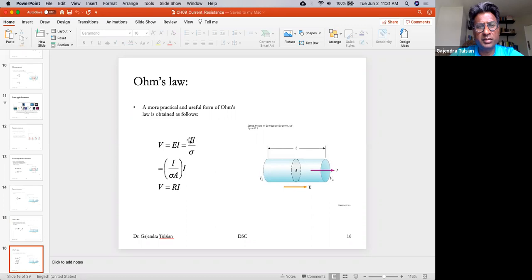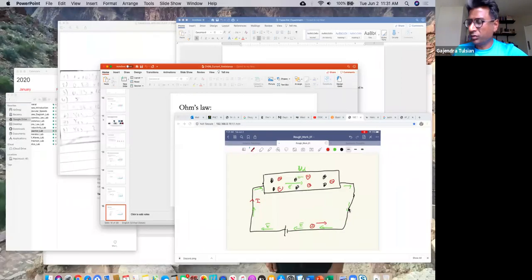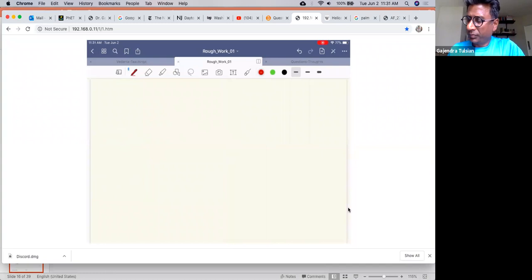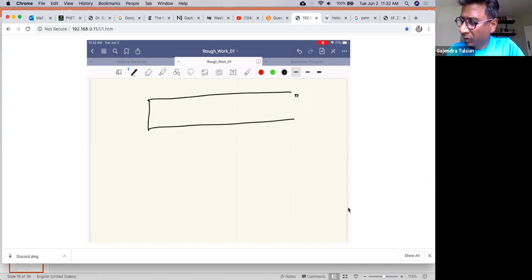And then the current density is current divided by area. Okay, so let me go to the chalkboard. So here's a wire. We've established a constant electric field in the wire. The length of the wire is L. So the voltage across the wire is E times L. J is sigma E. So E is J over sigma.